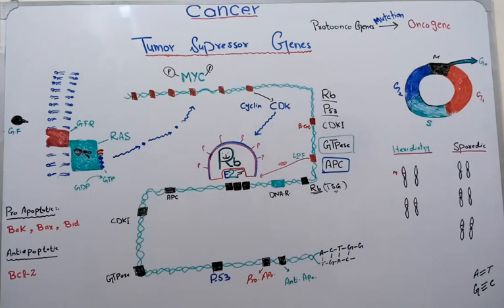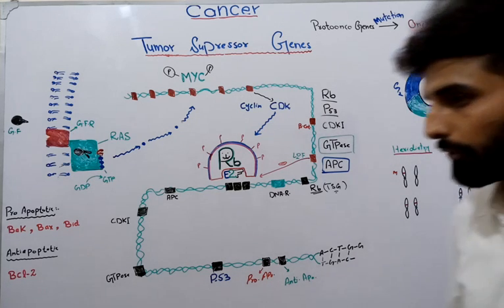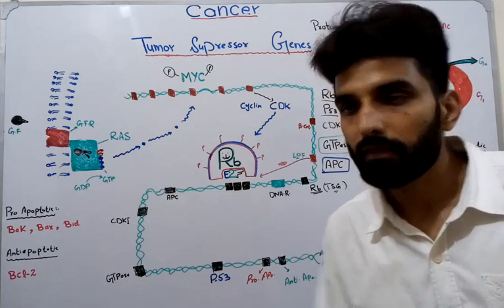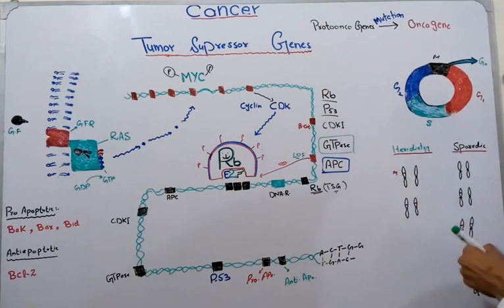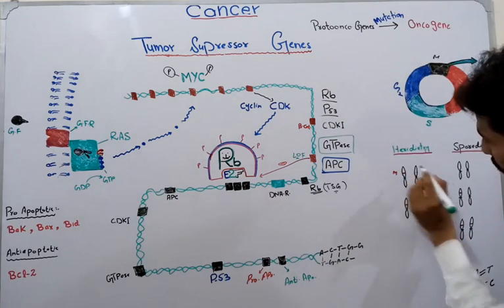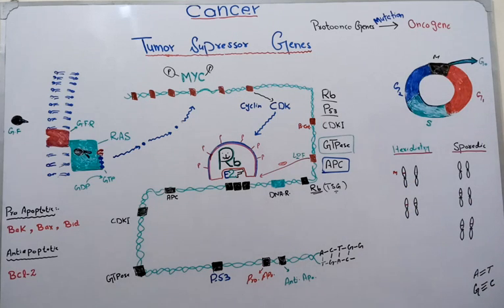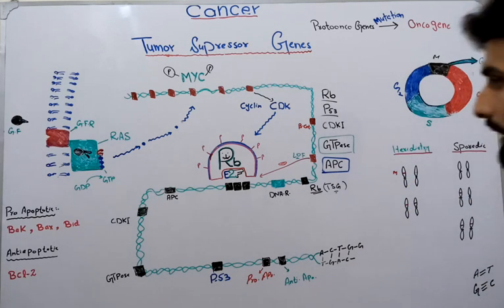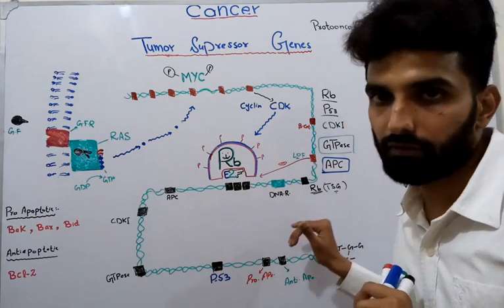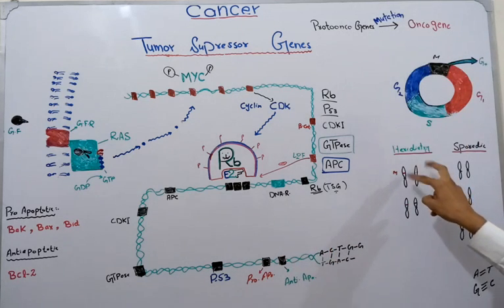Clear? Now, if we talk about retinoblastoma, you know that for each gene there are 2 alleles, one on each of the chromosomes. To develop cancer, I am talking about the tumor suppressor gene, mutation on both of the chromosomes is important.